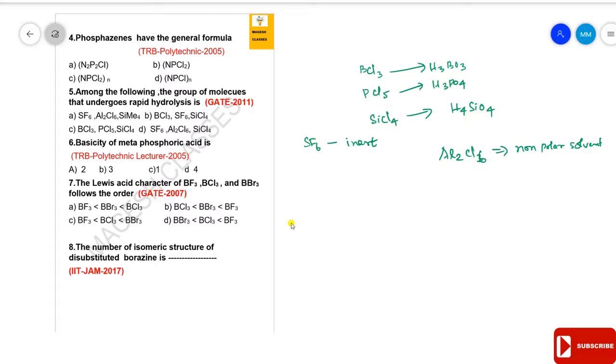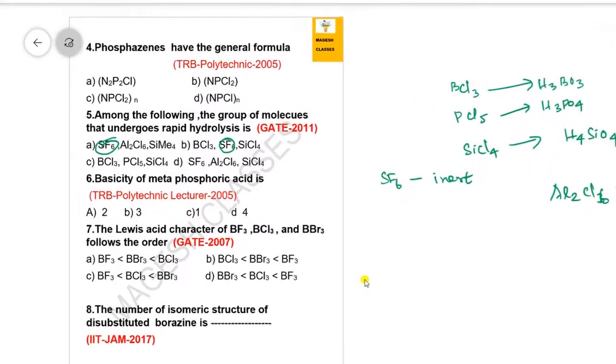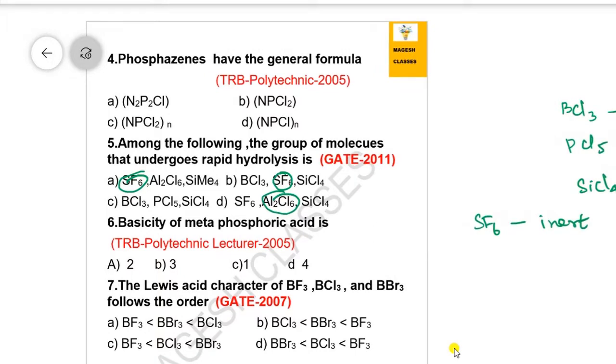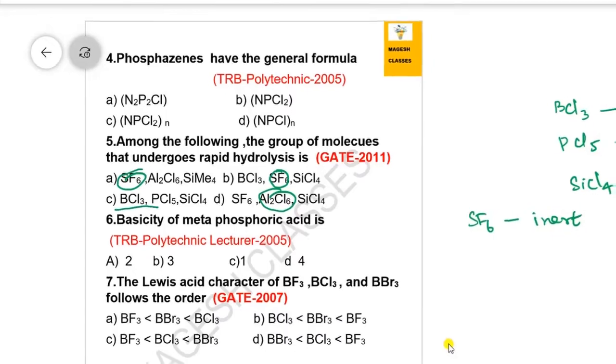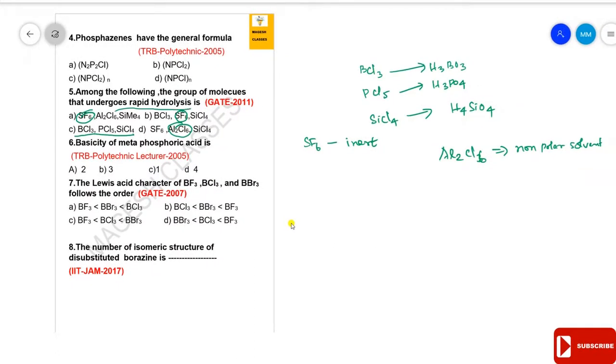Here sulfur hexafluoride is the inert one, so options A and B may not be the answer. And aluminum trichloride is soluble in non-polar solvent. So the correct option is C: BCl3, PCl5, SiCl4 group of molecules undergoes rapid hydrolysis. Your answer is C. Okay, so the question is solved.